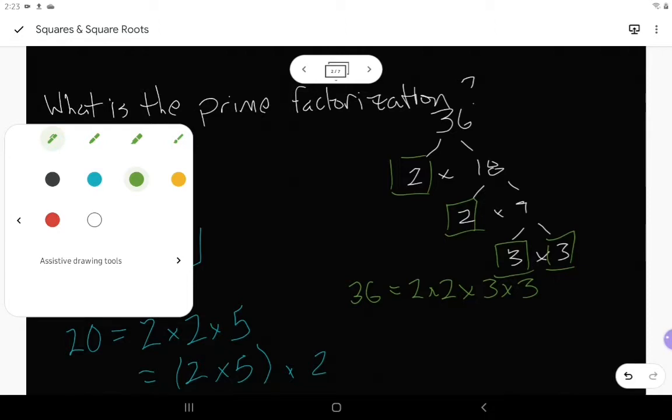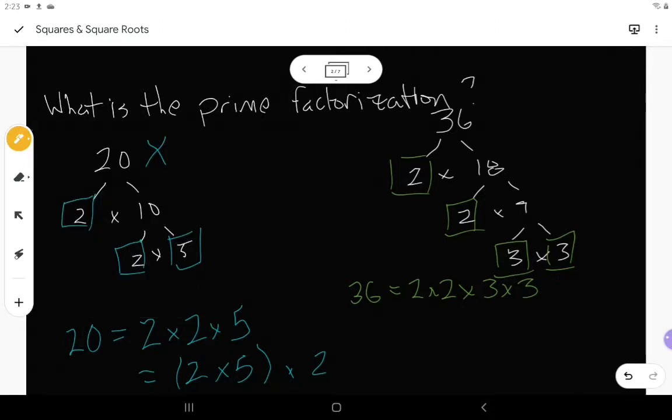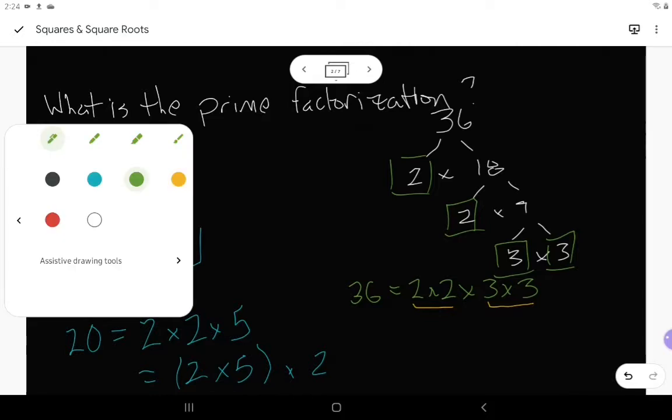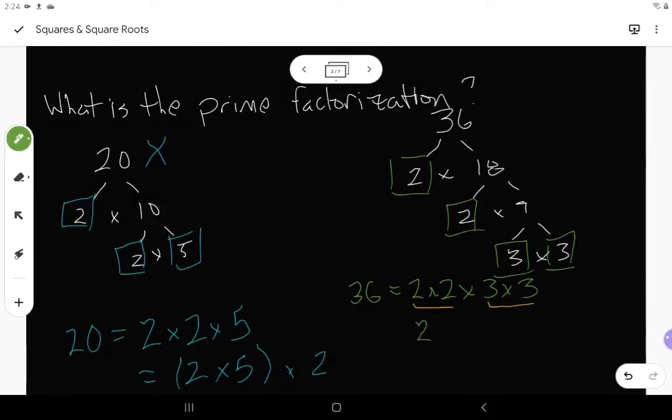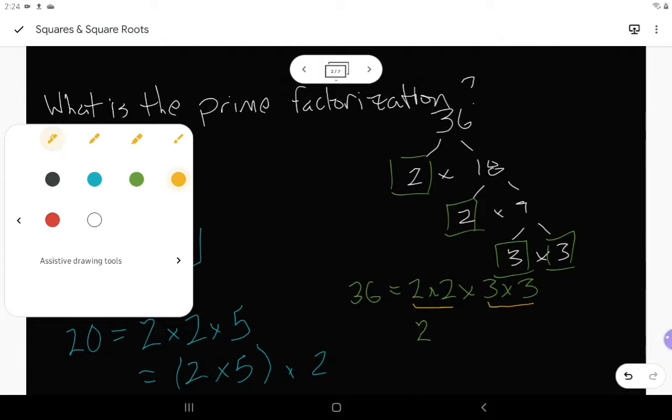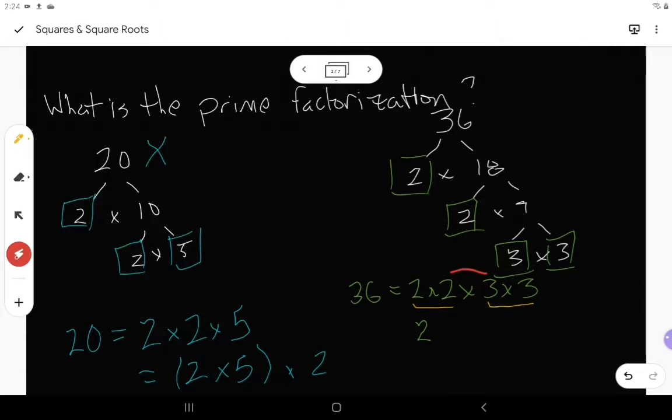Now when I look at 36, on the other hand, I have 2 2's and I have 2 3's. And so because multiplication is commutative, I'm allowed to move the numbers around and the answer won't change. I'm going to go 2 times, and what I'm going to do is swap this 2 and 3.